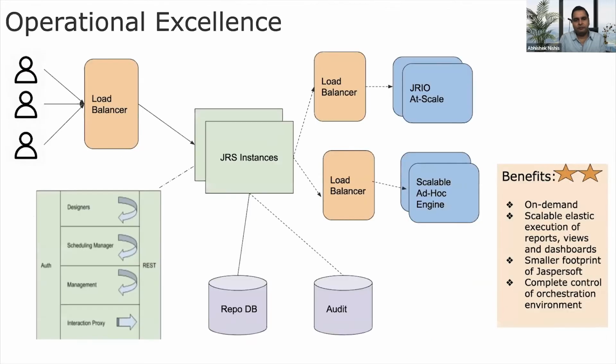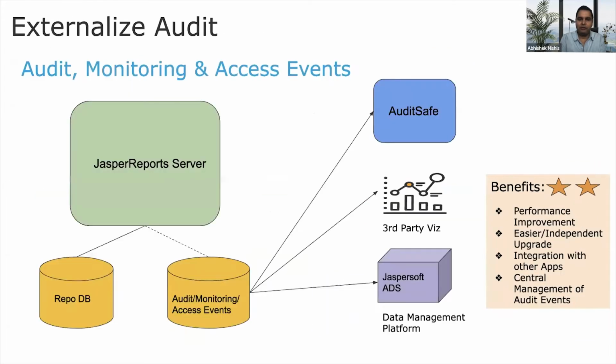Moving forward, we spoke about this, and in a similar range, our goal is to move towards a much more cloud native and composable microservices architecture. In the same way, with 8.0, we introduced externalized audit, and these are optional. That means it is not mandatory for you to do that. If you're still fine with the way JRS is shipped, you can continue using it that way. You don't have to use the externalized audit.